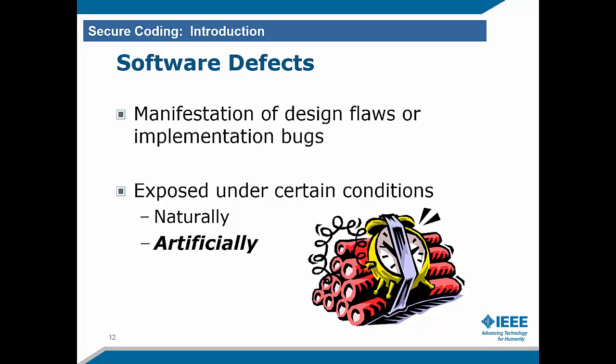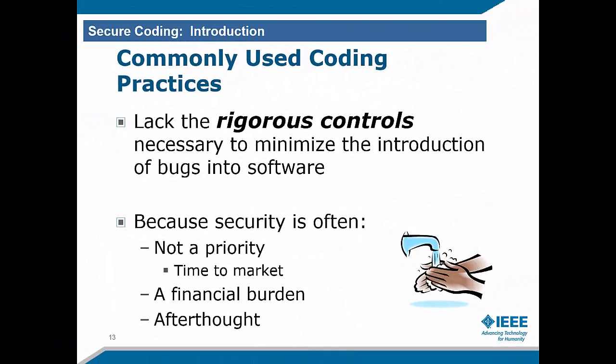And the mechanism the attacker is using to trigger the software defect artificially is called an exploit. In this course, our focus is on these software defects triggered artificially through exploits. Commonly used coding practices lack the rigorous controls necessary to minimize the introduction of bugs into software, because security is often not a priority because of the time to market pressure, a financial burden, or afterthought.